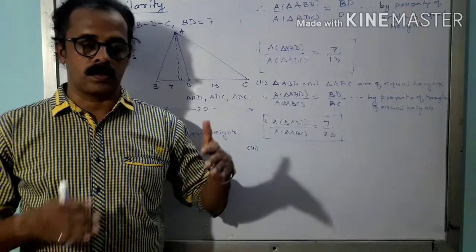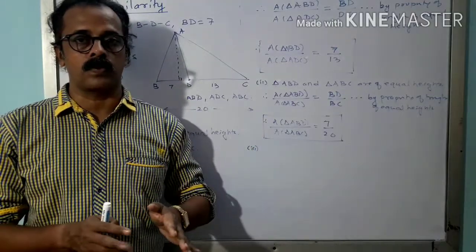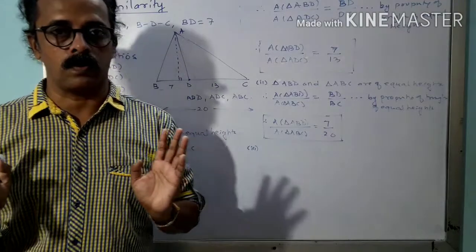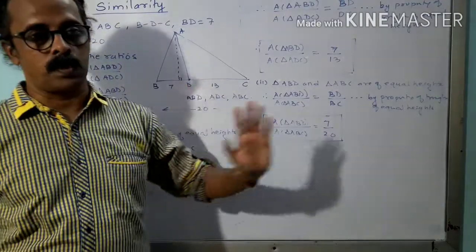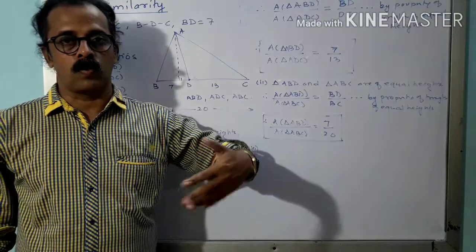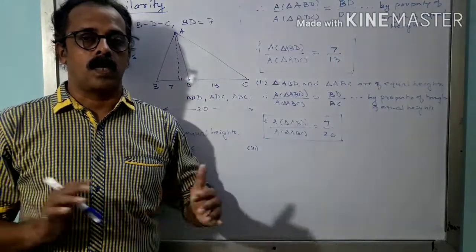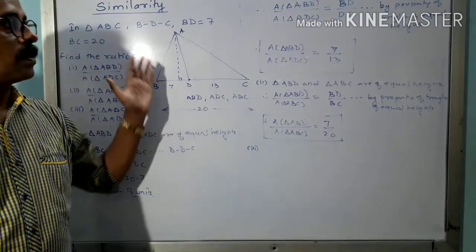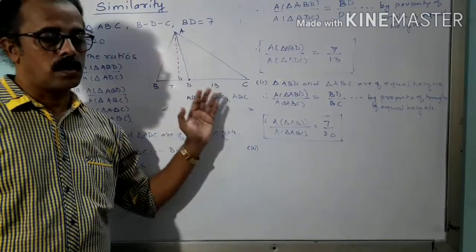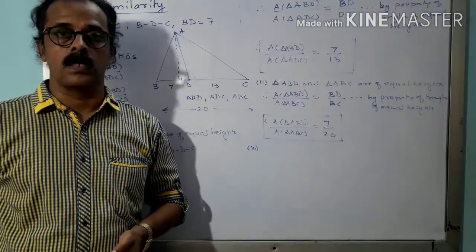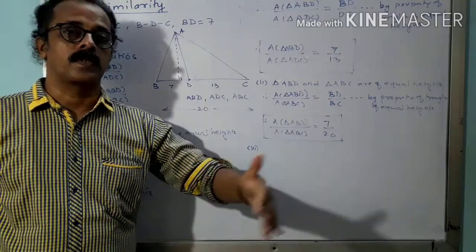That means for each different chapter you keep a different notebook, so all the work of similarity will be in that notebook. Try to write the properties first, leave one more page, and go ahead with your exercise, and at the same time try to understand whatever concept I gave you, then solve this question, then solve examples from that exercise, so that you can go ahead with your knowledge.